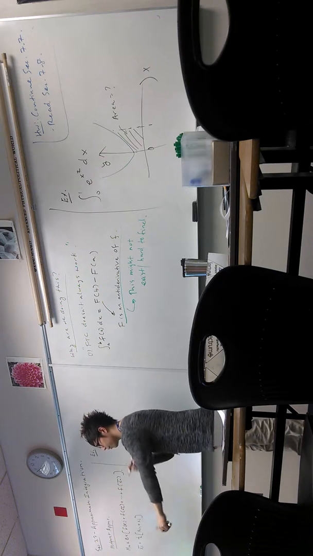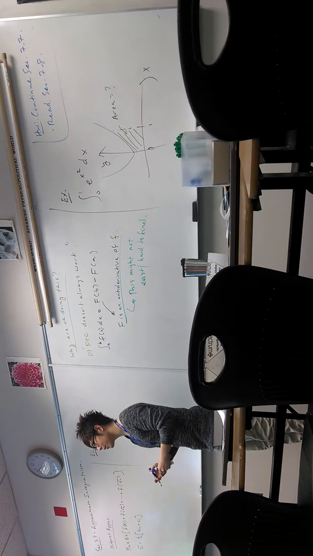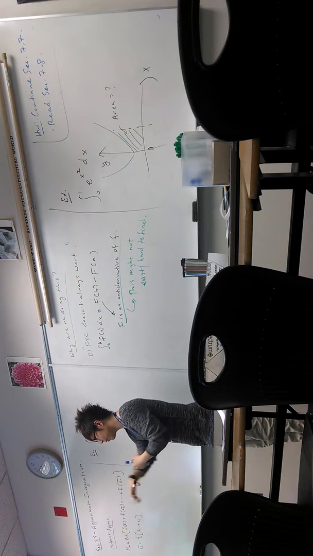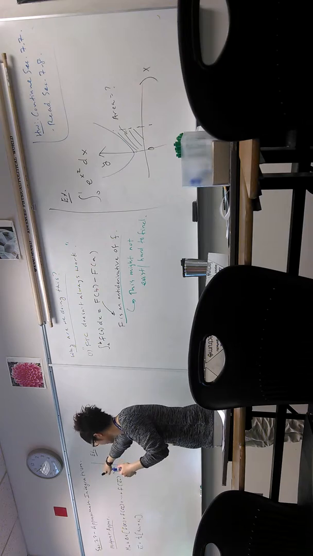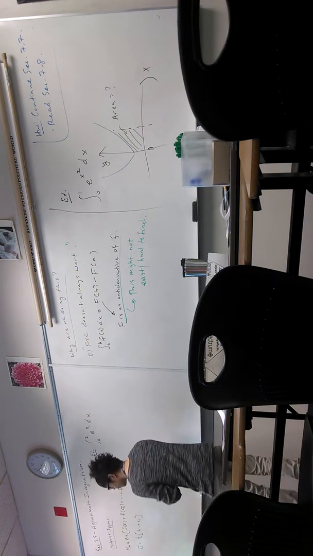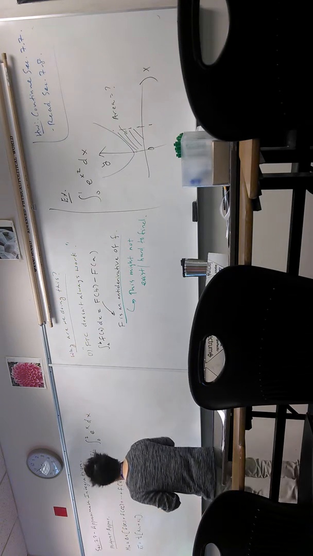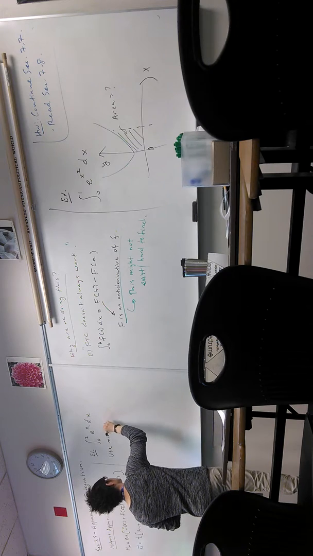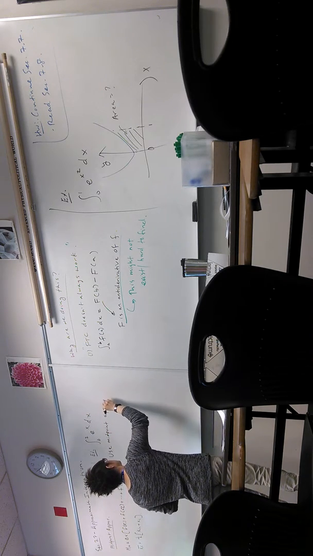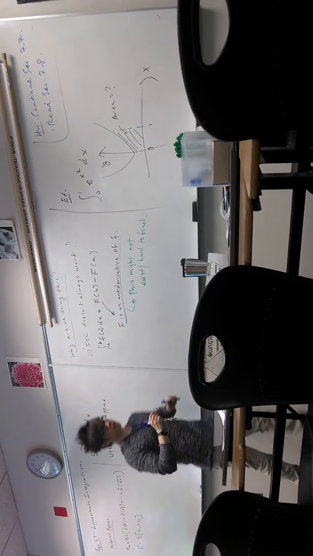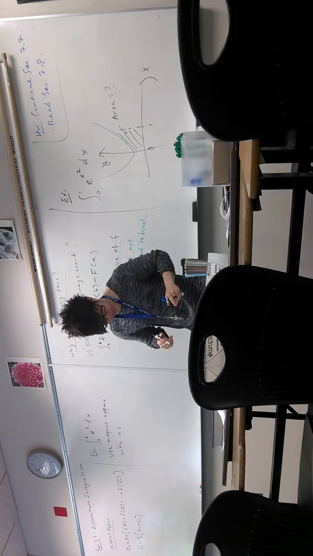For e to the x squared, you certainly need to use an approximation technique. For e to the x, you don't; you can actually get the exact value. So let's use this function and apply the midpoint approximation to it. First of all, I need to specify how many rectangles to use. I'm going to use 4.